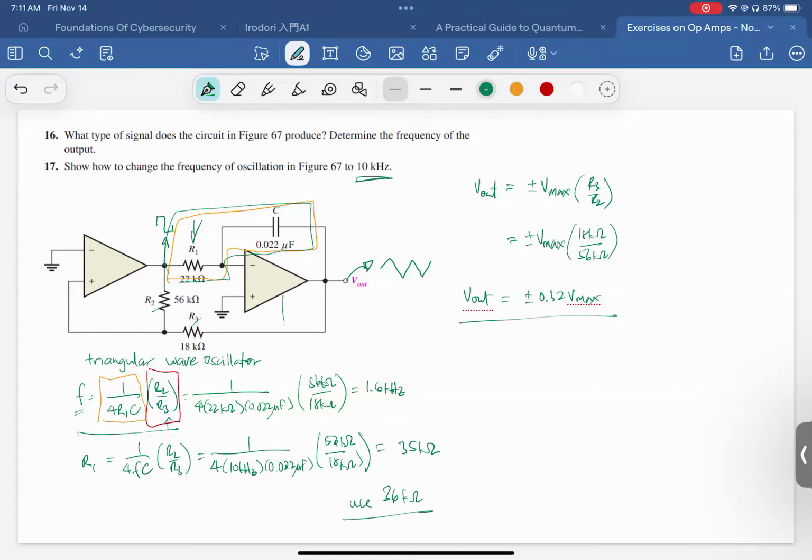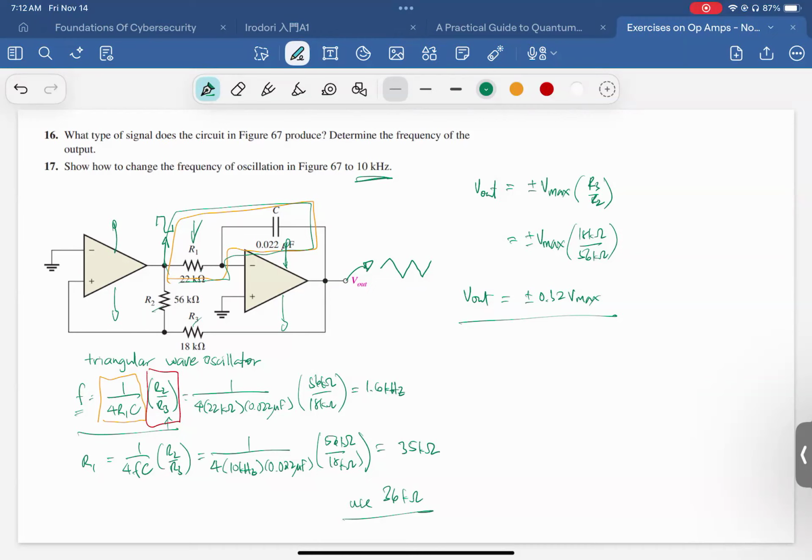Yung Vmax is dictated by kung ano man yung source voltage dito. Yes. Thank you for the answer.